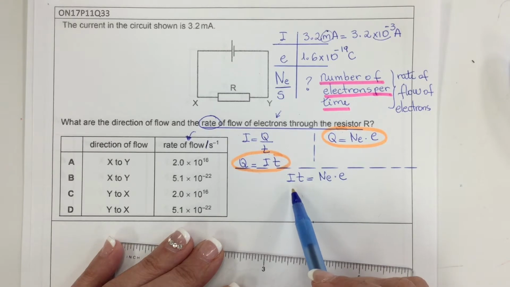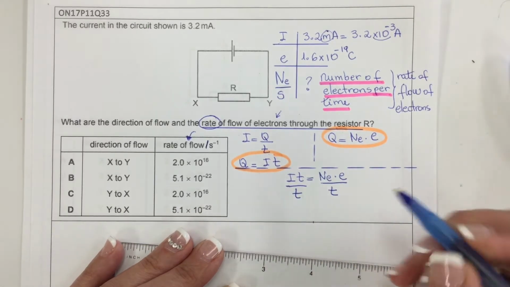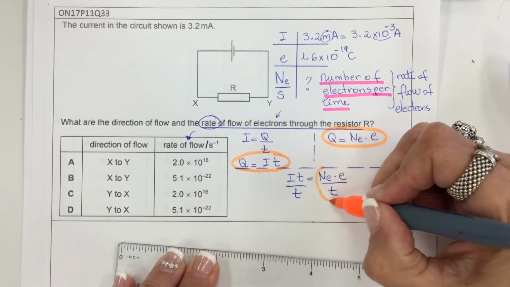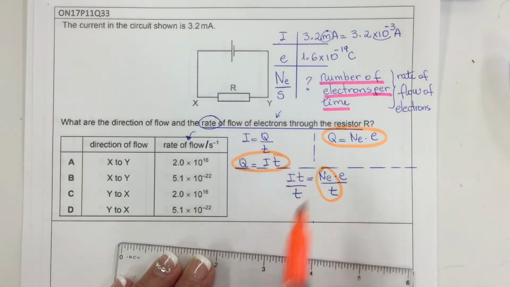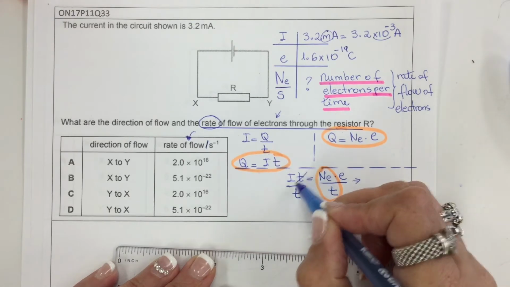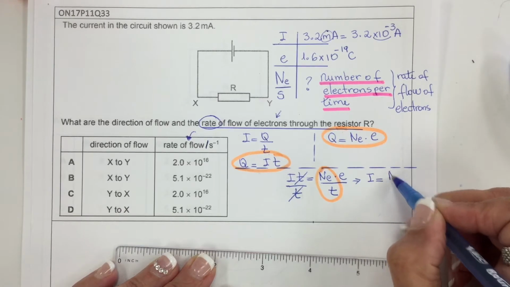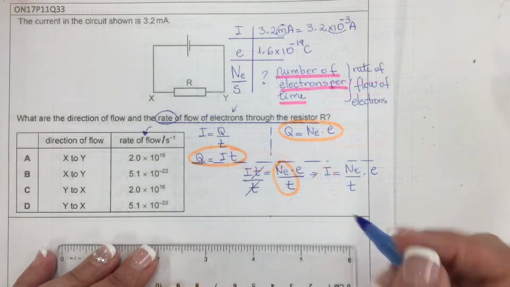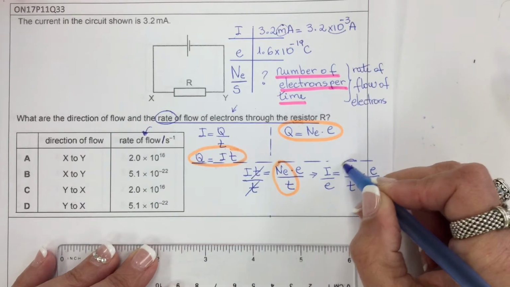Now I'm going to divide both terms by T. Why I'm doing this is because I want to have this fraction, which is the one that I'm looking for. So I can cancel time. So I is NE over T times E. Now I'm going to divide both terms by E because I want to isolate this.